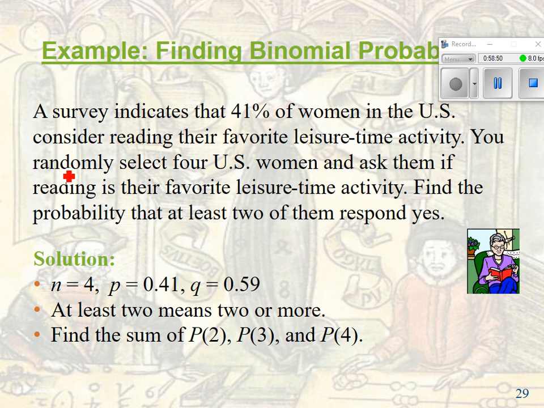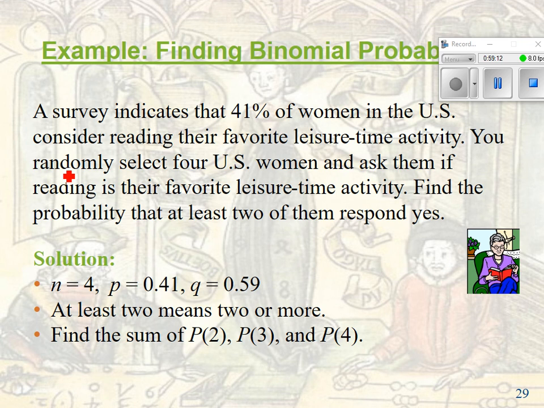If we wanted to find what this one says, at least 2 of them respond yes, so at least 2 means 2, 3, or 4. So now that we have this chart, we could just add those 3 up, and that would give us our answer.